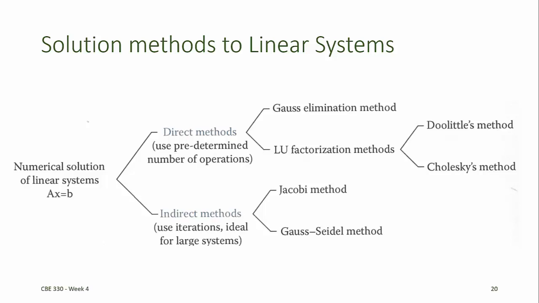The LU factorization methods that we introduced include Doolittle's method and Cholesky's method. The LU factorization methods produce a lower triangular and upper triangular matrix L and U from a relatively small number of operations, and then solve for the unknown vector x using a sequence of forward substitution followed by back substitution. In the next video, we'll introduce the indirect methods, which are iterative methods for finding solutions to linear systems of equations.